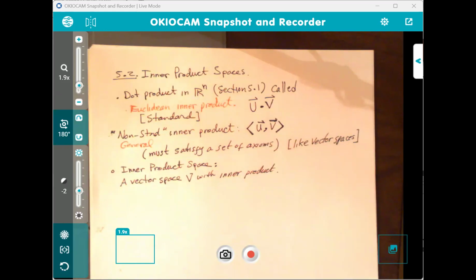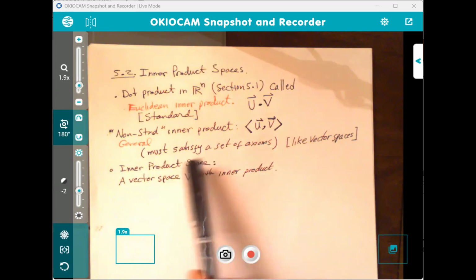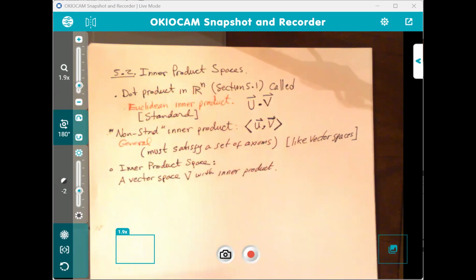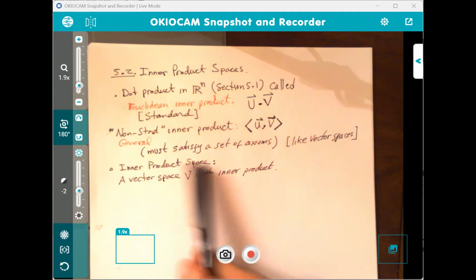Now, in order for the non-standard or the non-Euclidean or general inner product to be defined, this inner product must satisfy a set of axioms. Just like the axioms we had for the vector space. Remember, we had those 10 axioms for the vector space. So this one also is going to have a set of axioms.